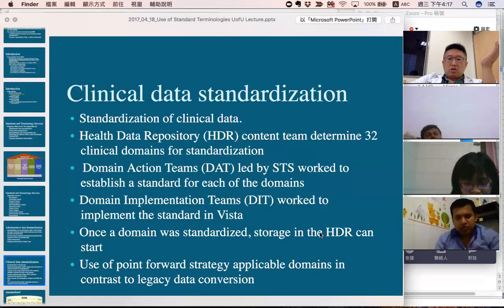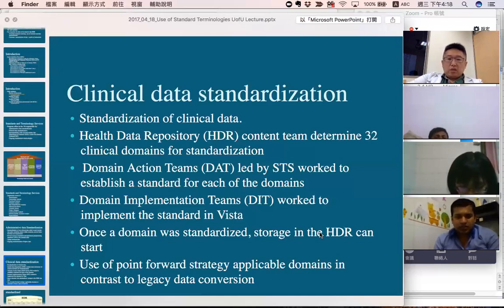For example, he will need to know the age of the patient. Then he needs to know the allergy history from the system. Then he will need the most recent renal function data. Maybe he lists 15 data elements. So in the HDR system, they need to create maybe a table or a kind of dynamic table.